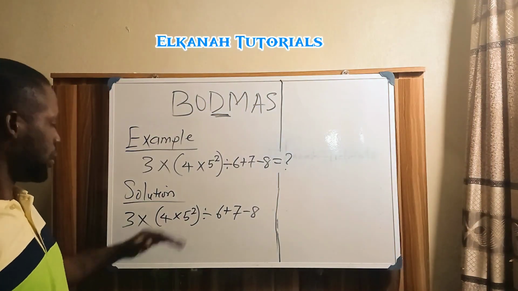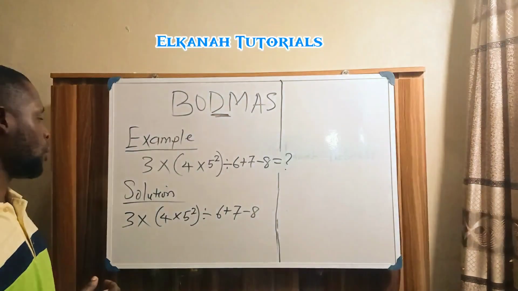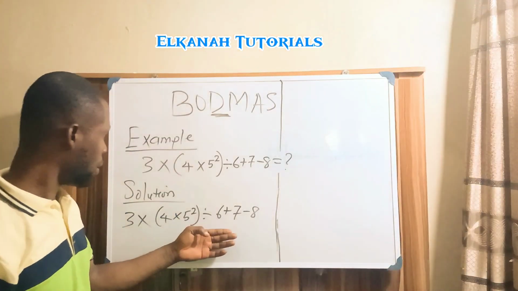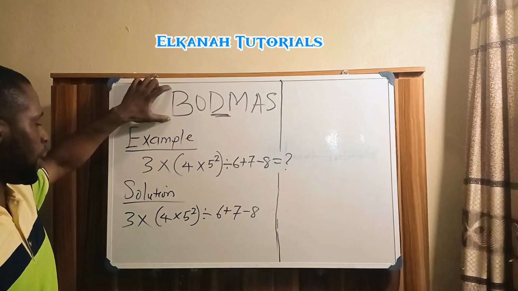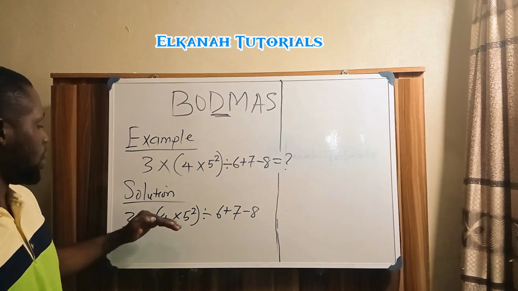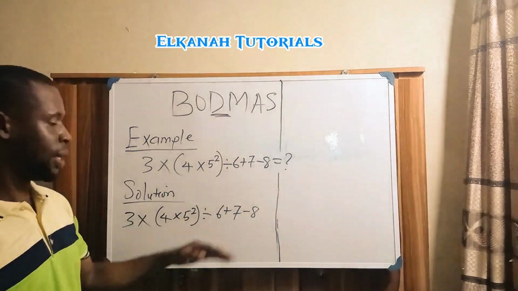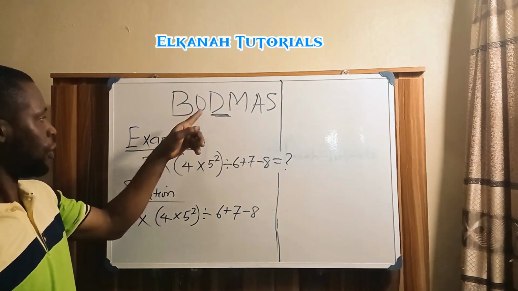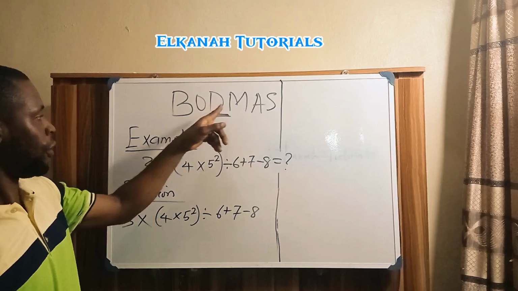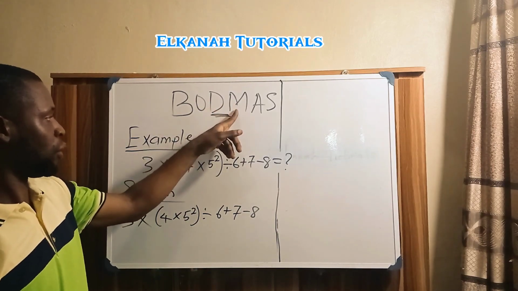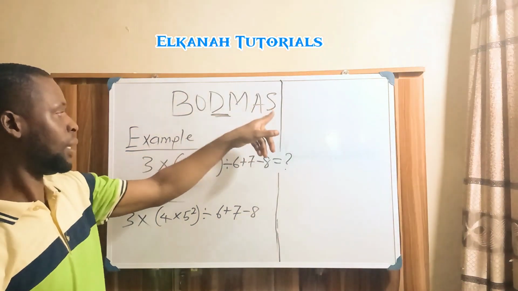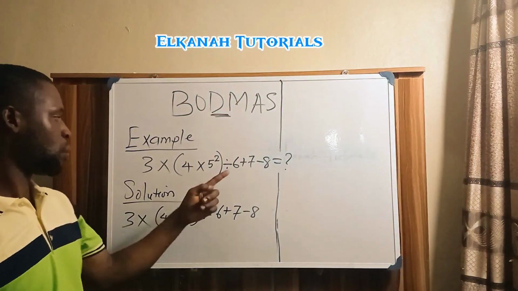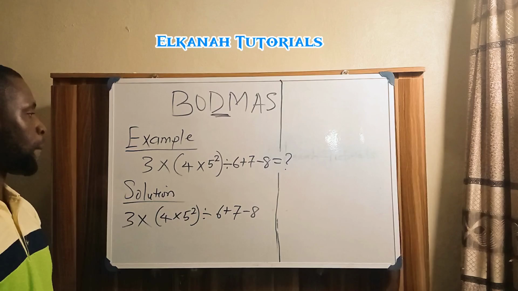Once you are done with this, the first step you have to consider in this equation is the B, which is the bracket. As you can see in this equation, we are having brackets. So this is the order. Bracket first, before the O, which is the off, before the division, before the multiplication, addition, and then lastly the subtraction. So we are going to follow this order in order to solve this problem correctly.